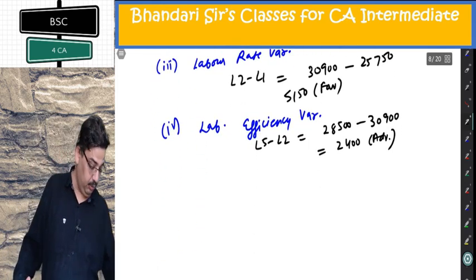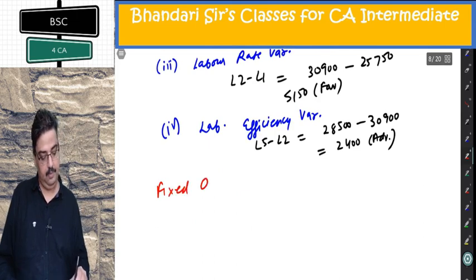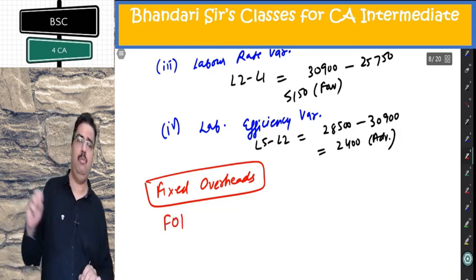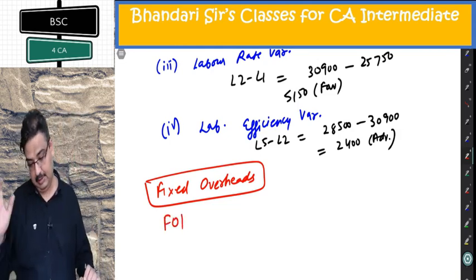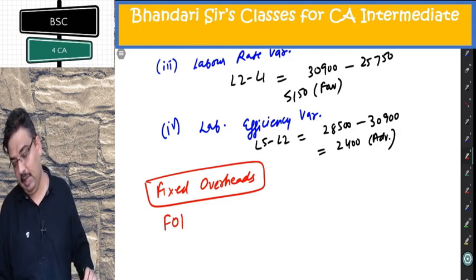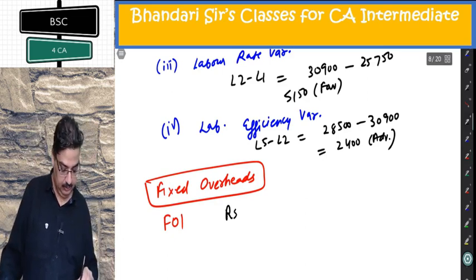Now comes fixed overheads. Lots of steps wanted there. Whatever maximum I can compute, I'll compute. Now for a change, I am not writing the header. Last question, I am not writing the header in this. FO1, I'll speak for sure. Actual fixed overhead cost incurred, given rupees 46,000.